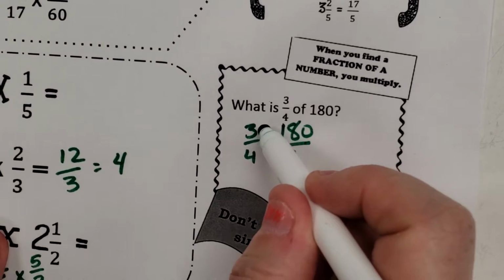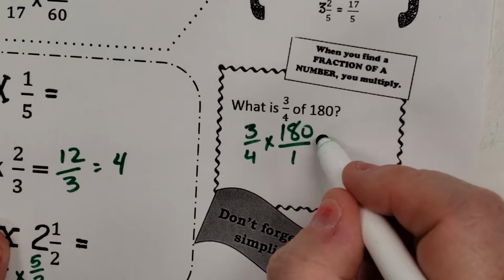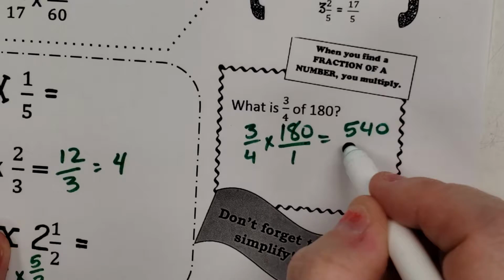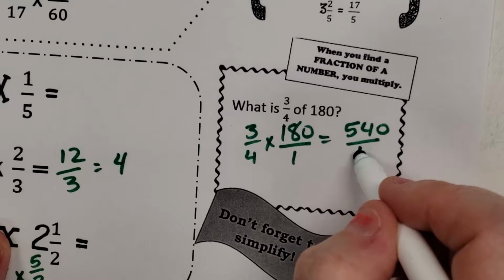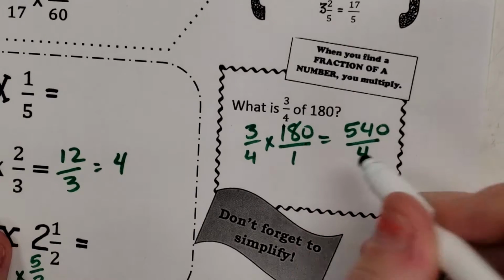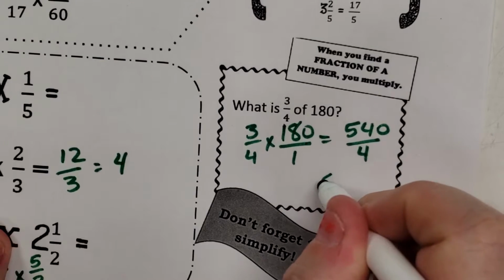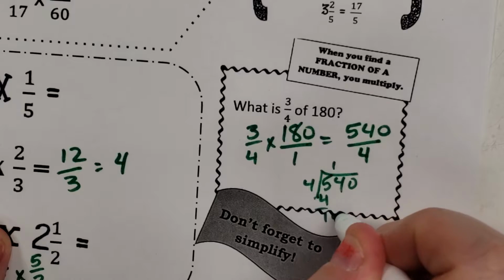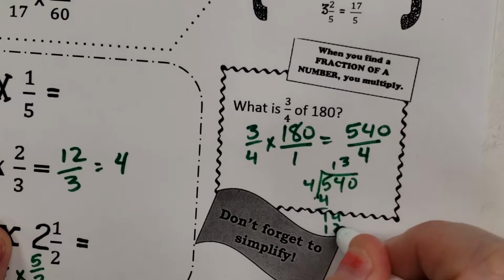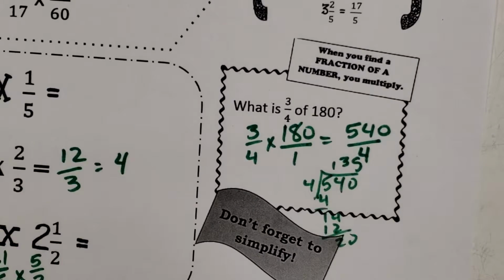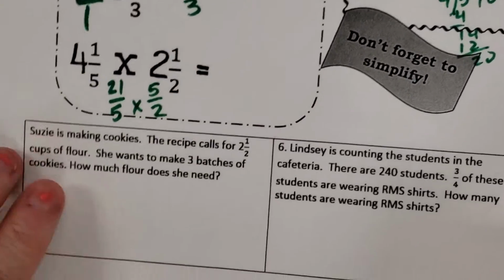So then, 3 times 180, 3 times 18 is the same as 9 times 6, so 540 divided by 4. So it's 100 and something. 540 divided by 4 is $135. Okay.